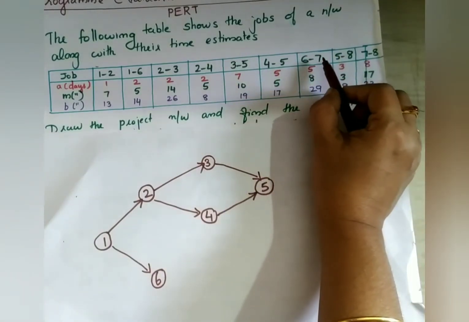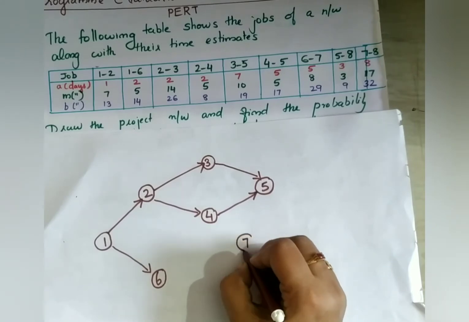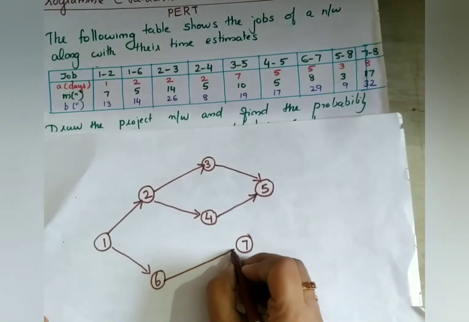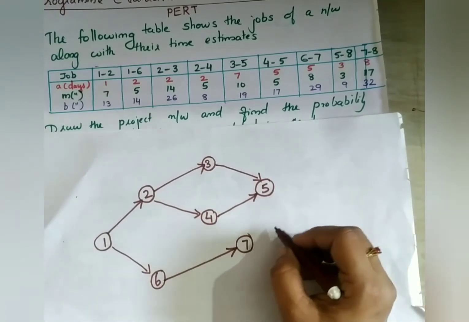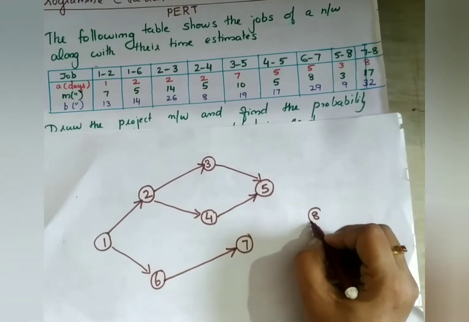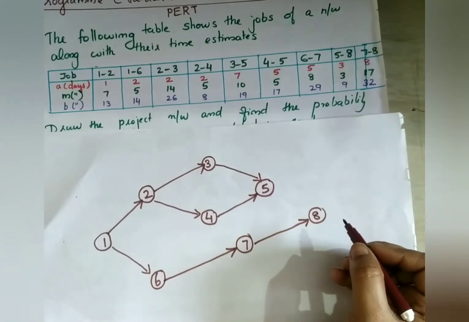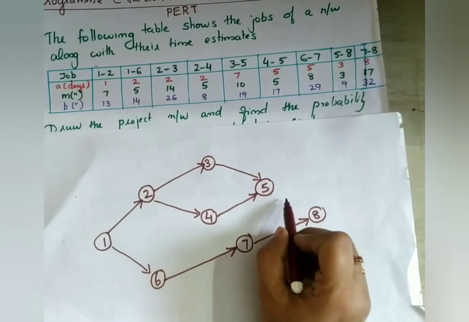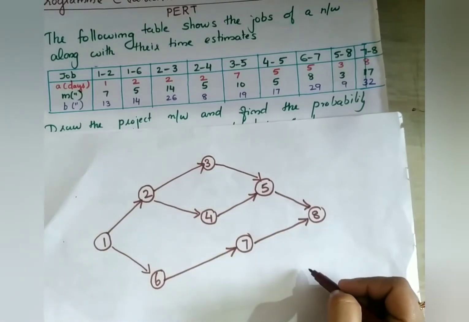Then 6 to 7, I will make node 7 here. And 7 to 8 I will make here. And 5 to 8 is there, so no problem, I can draw like this. Like this you have to draw your project network.